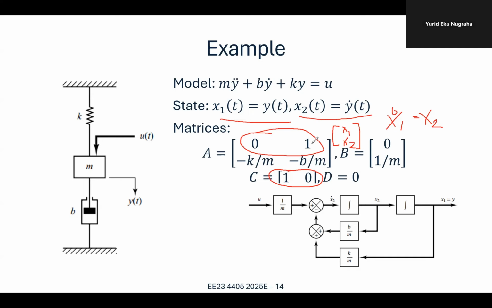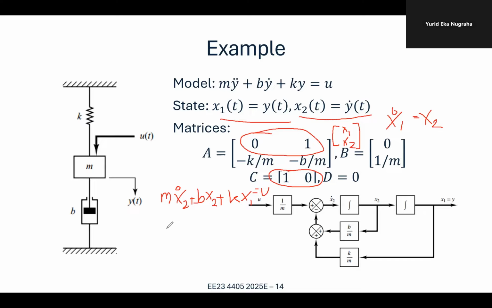So then the matrices here will follow. Because we define y as x1, and we define that x1 dot is x2, therefore we have m x2 dot plus b y dot, where y dot here is x2, plus b x2 plus k x1 is u.